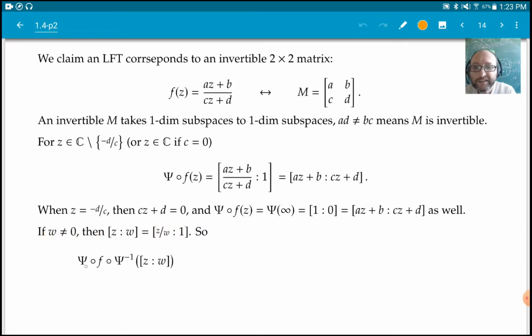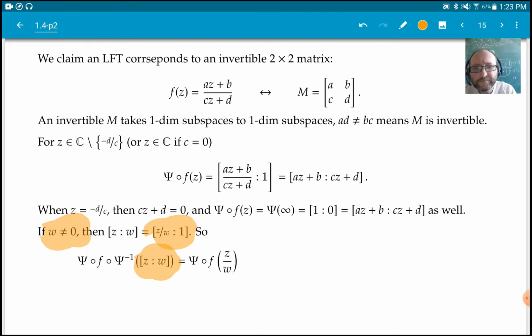Now, let's look at what I get over here. Let's suppose that I plug Z colon W into the inverse of C. So I go to the Riemann sphere, apply the LFT, and then go back to CP1. Let's see what that does. Remember that W is not 0, and we're really looking at this point.